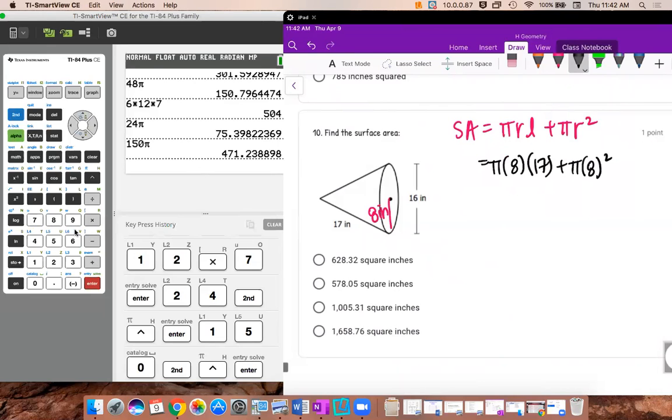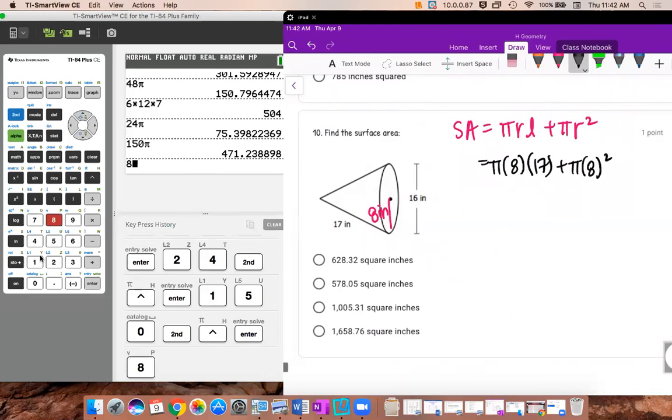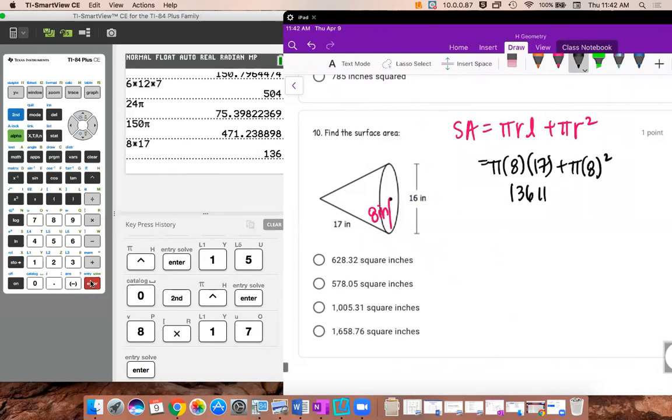Okay, so if we do 8 times 17, that becomes 136 pi. Plus 8 squared, which is 64 pi. If we add that together, that should become 200 pi inches surface area, so squared.